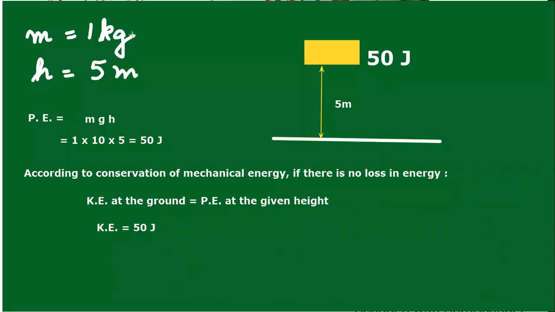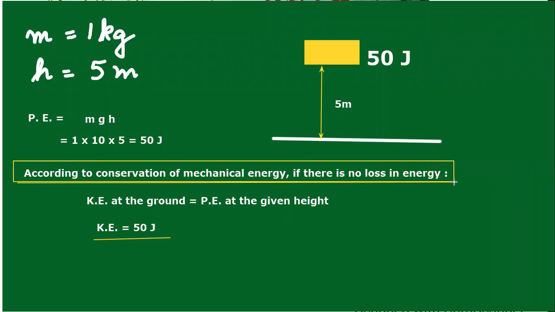Kindly note it down, and children, this line is very important to be written. If you're not writing this line and you directly write the answer, your marks get deducted, because you have to tell why you are taking kinetic energy as 50 joules. This whole property which you are using has to be written in the same format.